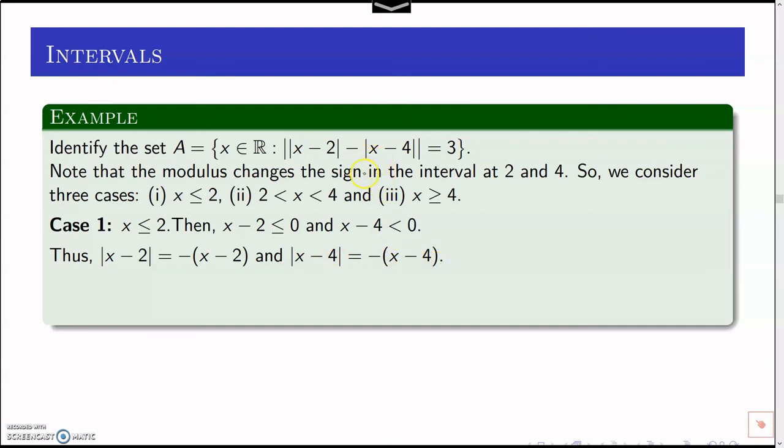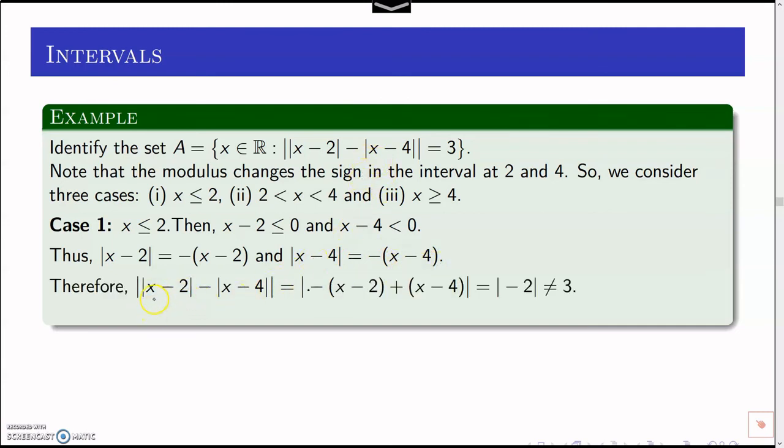So when I put it in this equation, modulus of mod x minus 2 minus mod x minus 4 gives me minus of x minus 2, and this part is minus of x minus 4, and that minus into this minus will give you plus in between, so I have plus x minus 4. If you simplify this, x will cancel off and you have modulus of minus 2, which is 2, and it is not equal to 3.